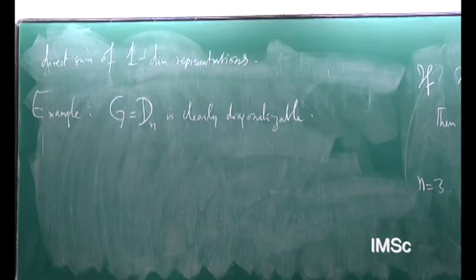If I want a homomorphism from here to K star, what can you do? Give me one example, one homomorphism. Projection. Each projection is a character, right?